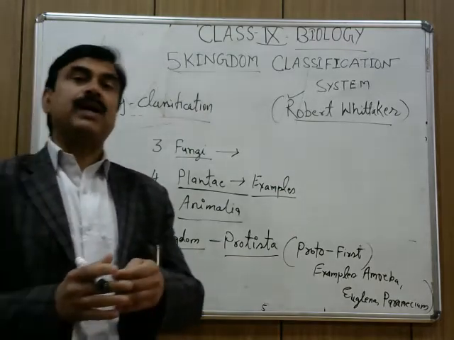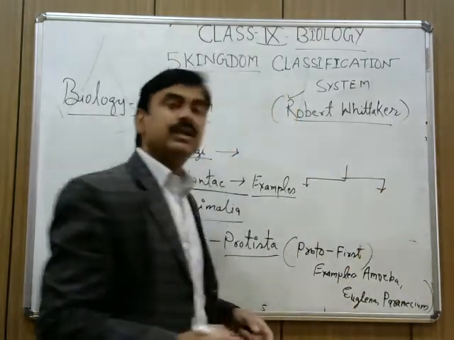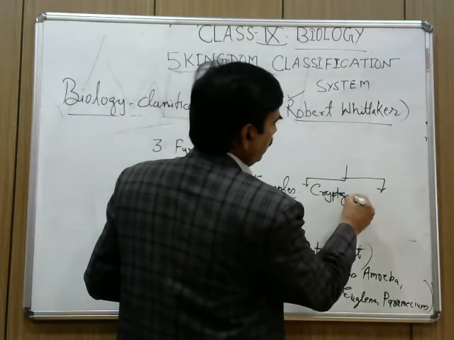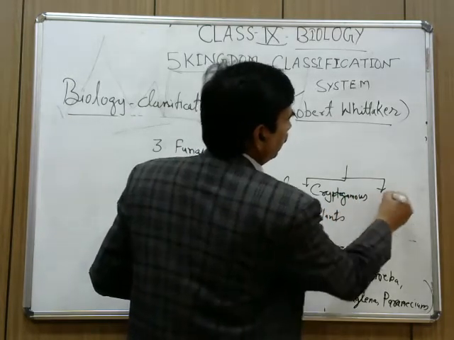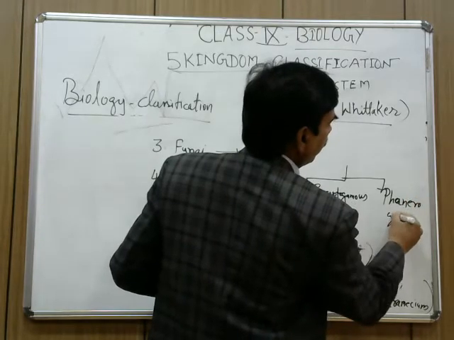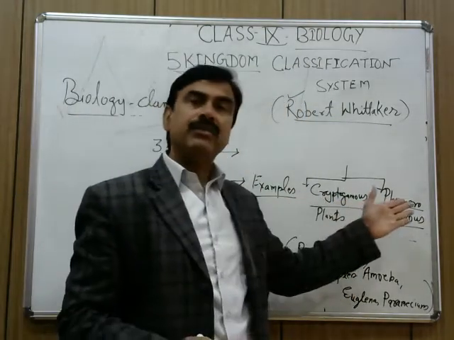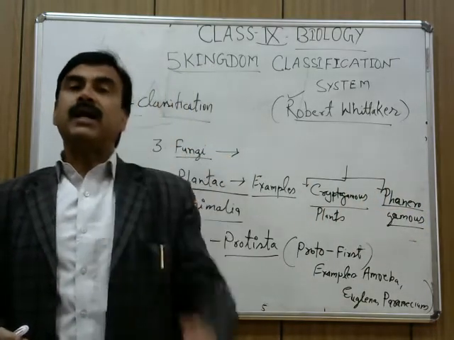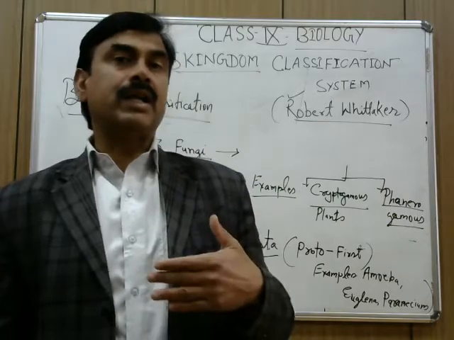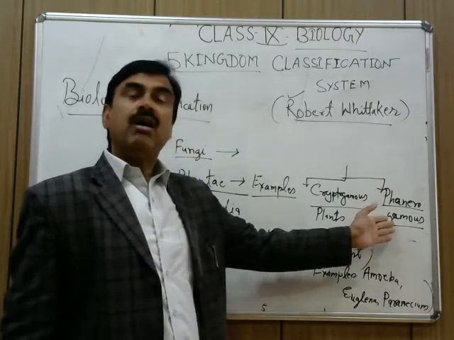Since the plant kingdom is big, you can categorize it. All plants are categorized into 2 big groups, cryptogamous and phanerogamous. These are again Latin terms. Non-flowering plants are kept in the cryptogamous, and in the phanerogamous, all flowering.